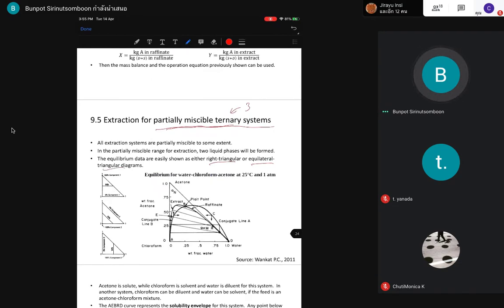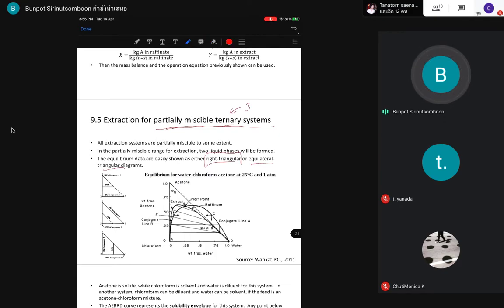But for our class here, I'm going to focus only on the right triangular because it's a bit easier to understand. We're not going to worry about equilateral.